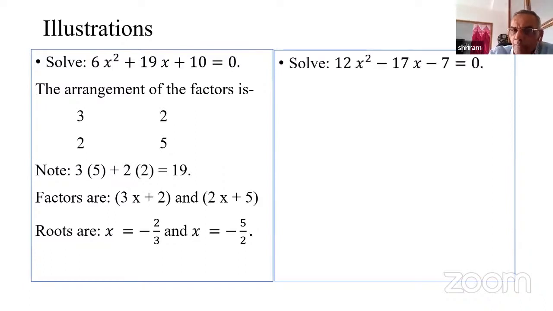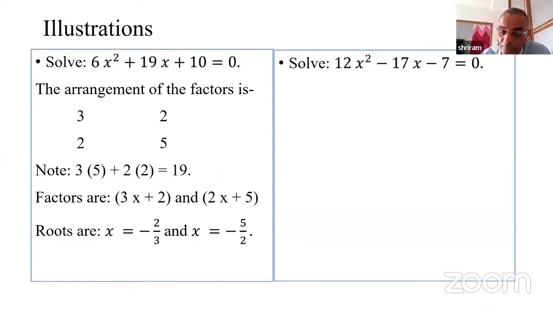Now consider this example. 12x square minus 17x minus 7 equal to 0. Slightly complicated when there are minus signs, but factors of 12 and 7. Remember, 7 has only one factor pair, 7 and 1. 12 might have more factors than that.